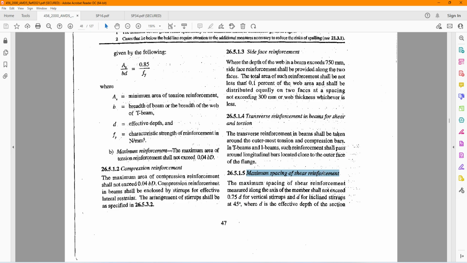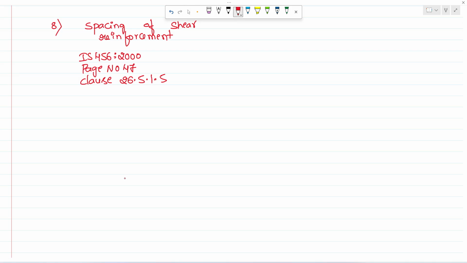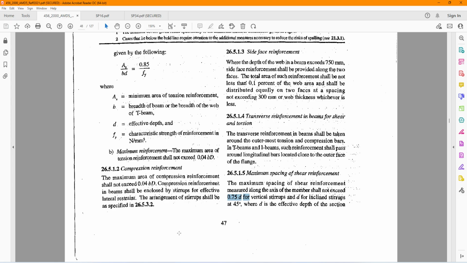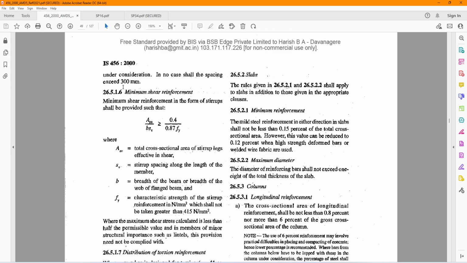Yes, maximum spacing of shear reinforcement. See here, the maximum spacing of shear reinforcement measured along the axis of the member shall not exceed 0.75 times D. So first criteria is 0.75 times D. Second criteria: in no case shall the spacing exceed 300 mm.